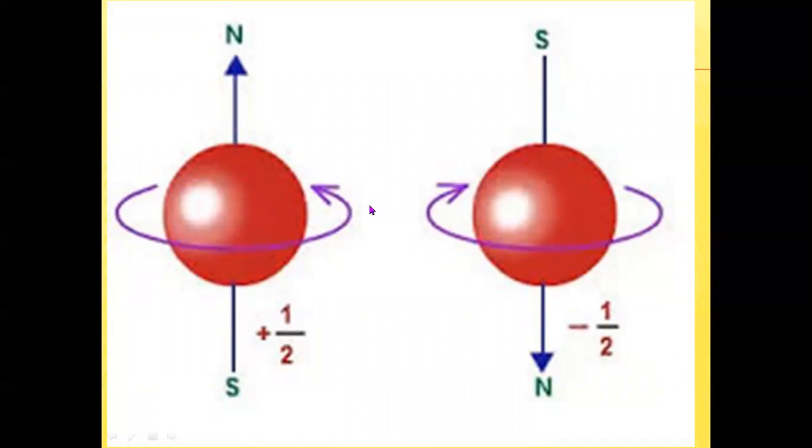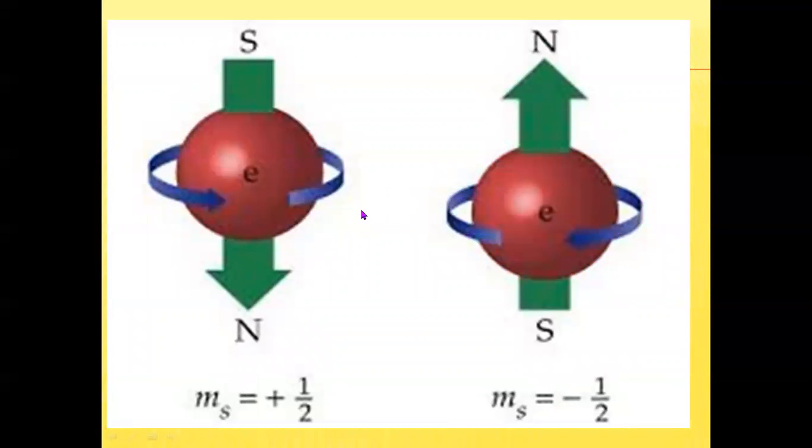This figure illustrates how the electrons spin. Here, this electron is spinning in clockwise direction. We are assigning minus half value for s, or spin quantum number. This is in anti-clockwise direction, and we are assigning plus half. Same is the case with this figure.